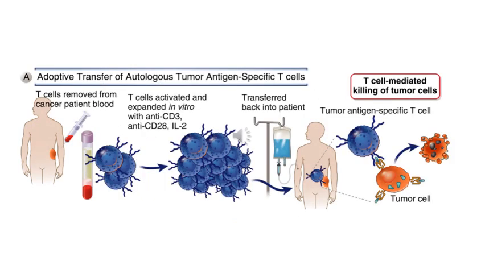In adoptive cellular therapy with autologous tumor-specific T cells, the T cells from a patient are cultured in vitro with anti-CD3, anti-CD28, IL-2, and especially with tumor antigens to increase the numbers and functional activity of cells specific for the tumor, and then the activated T cells are transferred back into the patient.